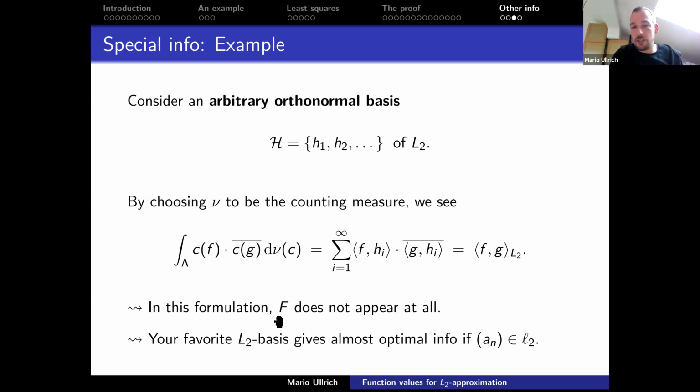So in this formulation, f does not appear at all. You don't have any restriction on this guy here, right? And this means if your approximation numbers are square summable, then actually every L2 basis that you have produces nearly optimal information for L2 approximation.